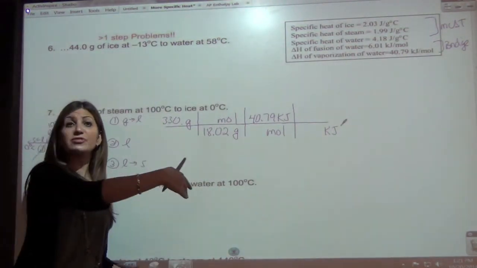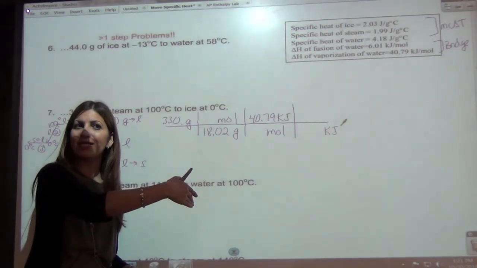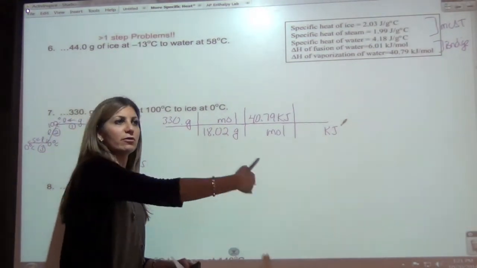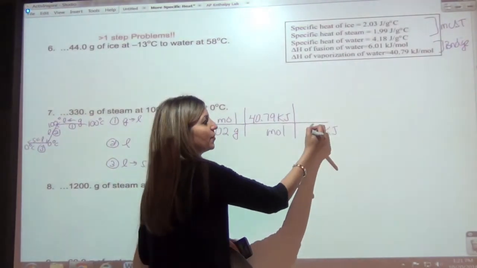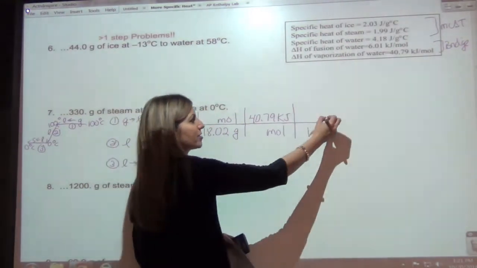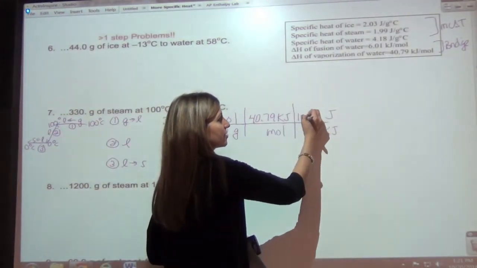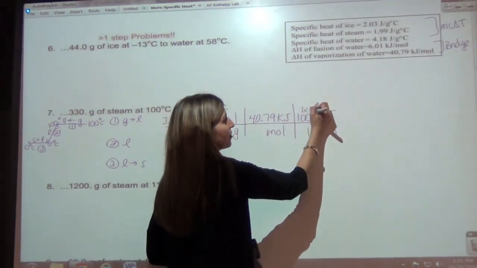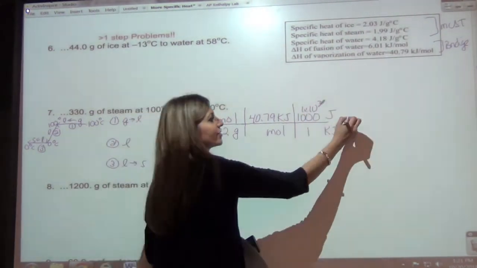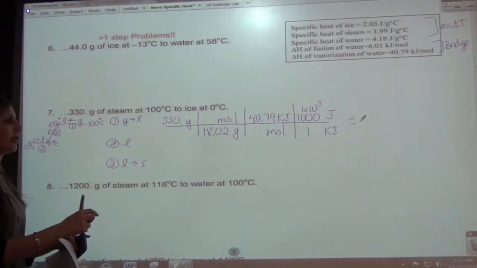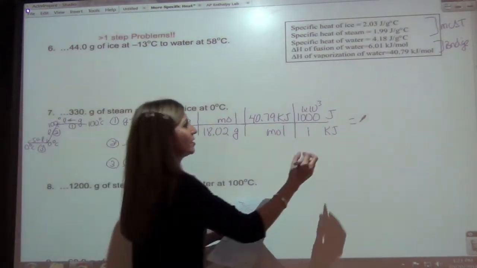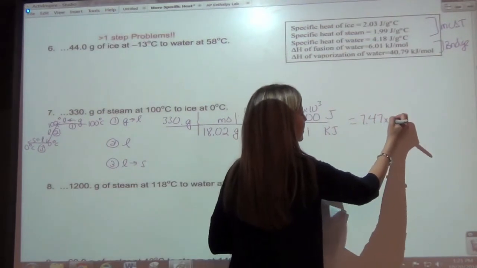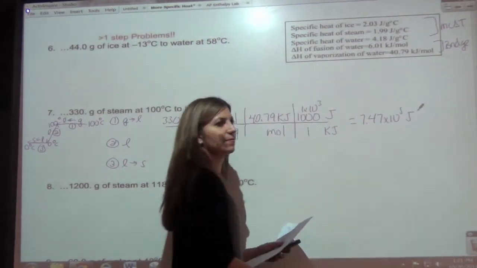If you're going to a smaller unit, your number should be getting bigger, so then you would multiply by 1,000, or you can just say the bigger one gets the 1, the kilojoule gets the 1, and the smaller one gets the conversion, which is 1 times 10 to the 3rd, or 1,000. And so now you're going to plug this into your calculator, and what do you get? You should get something like 7.47 times 10 to the 5th joules.